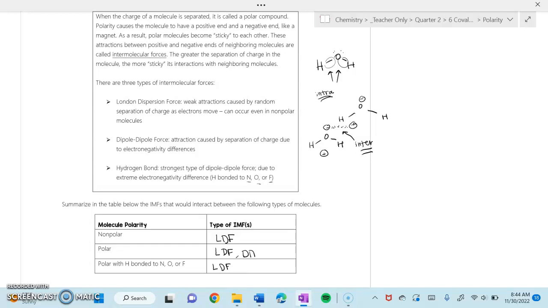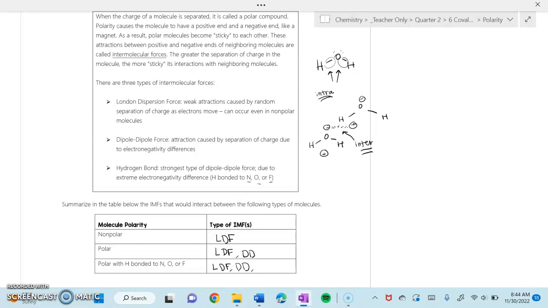Moving on to polar, we have LDF laying that foundation, and then the next one you might see is dipole-dipole. I'm shortening these to show you what you'll see in the practice coming up: LDF, DD, and HB will represent hydrogen bond. A regular polar molecule will not have the hydrogen aspect. That's our special one, which is our third distinction here. But remember, this is still polar, so it does have dipole-dipole at play as well.